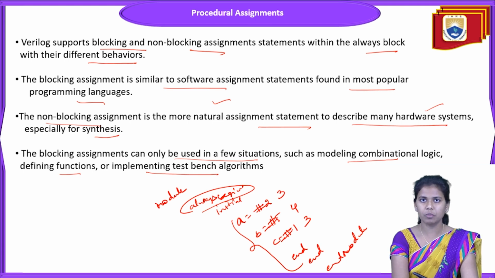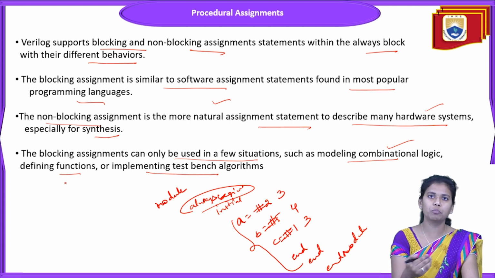Situational purpose, in the sense, he has given some examples, that is modeling the combinational logic. In the previous class we modeled the encoders, decoders, multiplexers, demultiplexers, magnitude comparators and so on, isn't it? So in order to model such combinational circuits, we prefer blocking assignments, and also designing functions, for example adders and subtractors, in order to verify the Boolean expression.